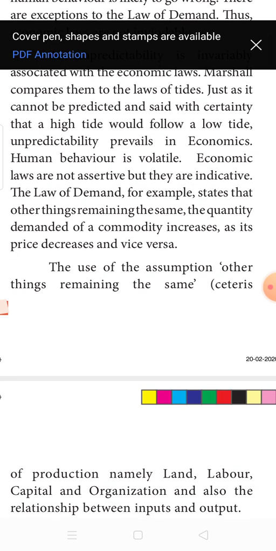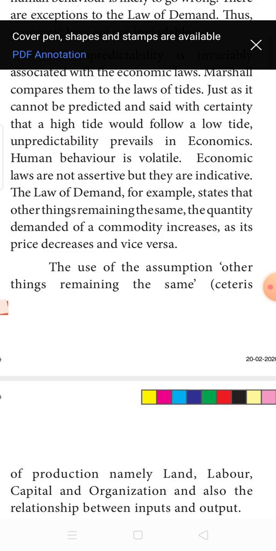Next, economic laws are not assertive. Assertive means confident. Every time the price increases, will I buy fewer units of a commodity? It cannot be true always. Sometimes, however high the price might be, I will buy the commodity. So there is no confident or real answer for economic laws, and they are indicative. Indicative means that which changes according to one's mind.